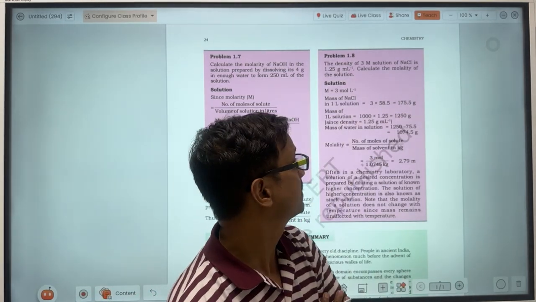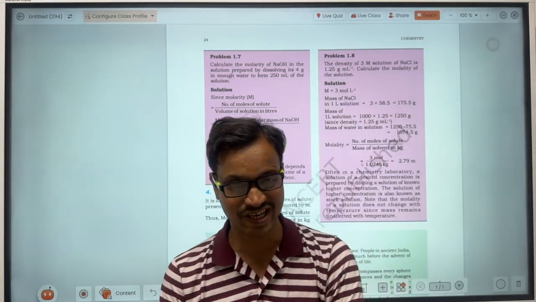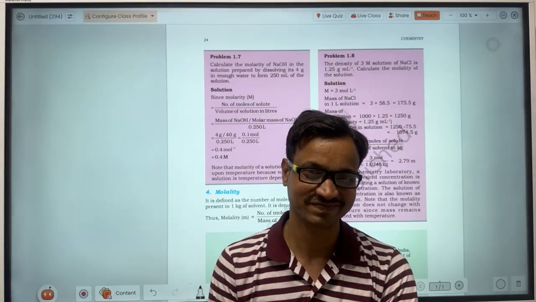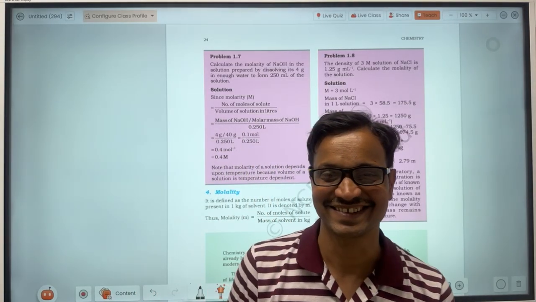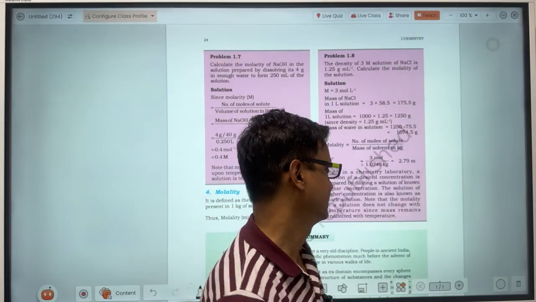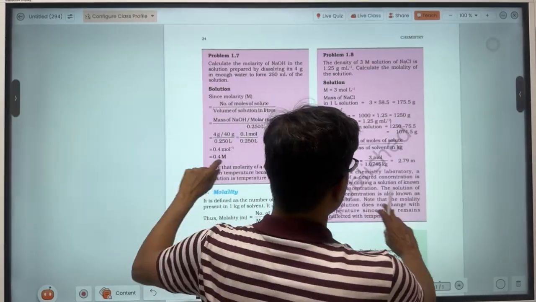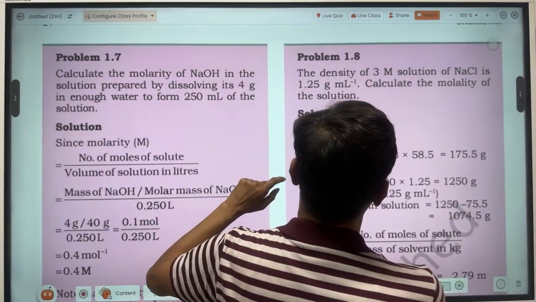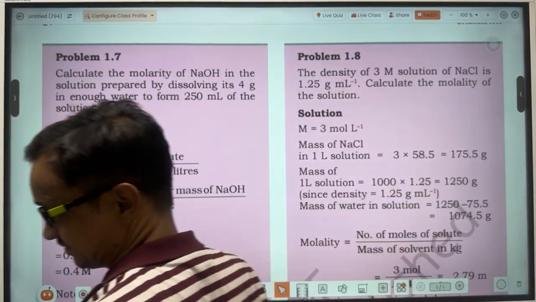It is asking what will be the molarity of the solution. Watch this question carefully, how to solve it. Firstly, read the question by yourself carefully.